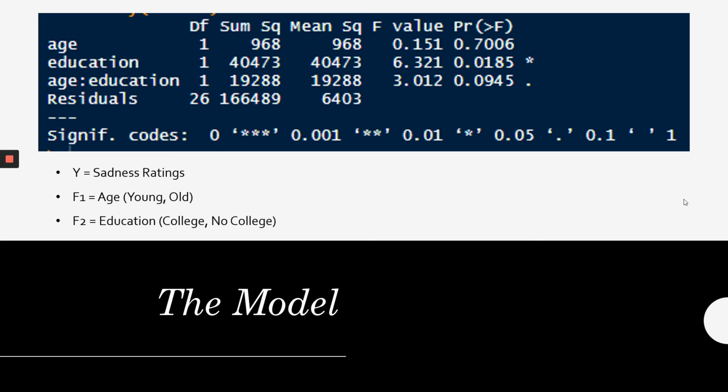So looking at the values in our model, if we take the sums of squares and divide them by the degrees of freedom for what we have in our model, it gives us the mean square values. So for age and education and the age and education interaction, these are going to represent variance between the groups, where the residuals mean square value is going to represent variance within groups.